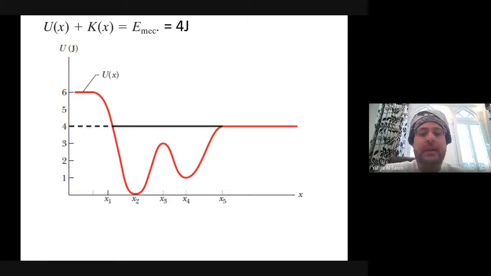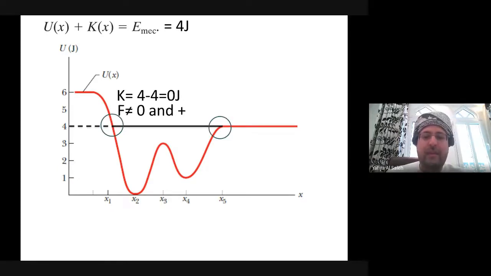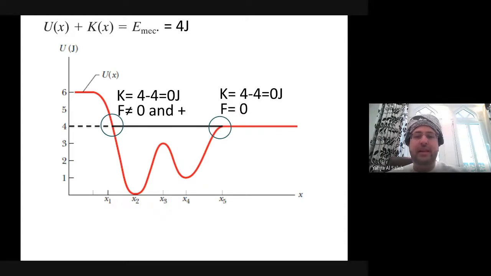Now, what if my total mechanical energy is equal to 4 instead? Well, I will have my turning points at these 2 points, where my kinetic energy is 0. 2 different things. Here my kinetic energy is 0, but my force is not equal to 0.